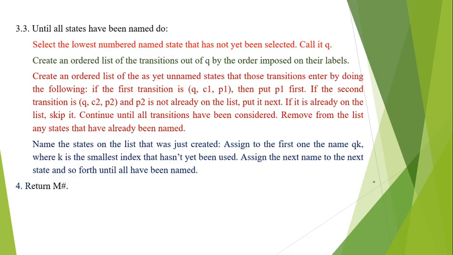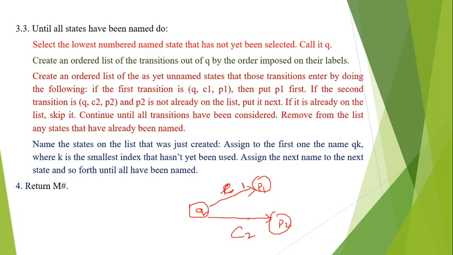Now how to name it? First of all, select the lowest numbered state that has not yet been selected. Call it Q. Suppose you have a state Q, and there are two states P1 and P2, with characters C1 and C2, because I want to specify the order.